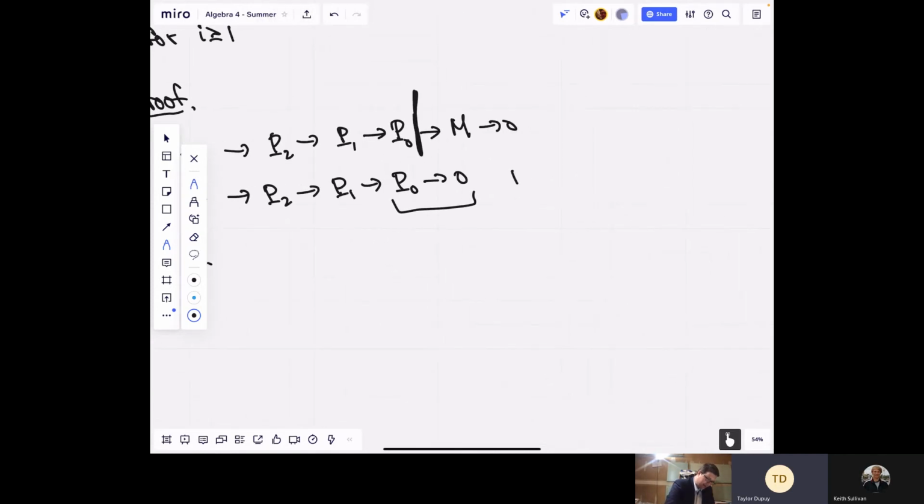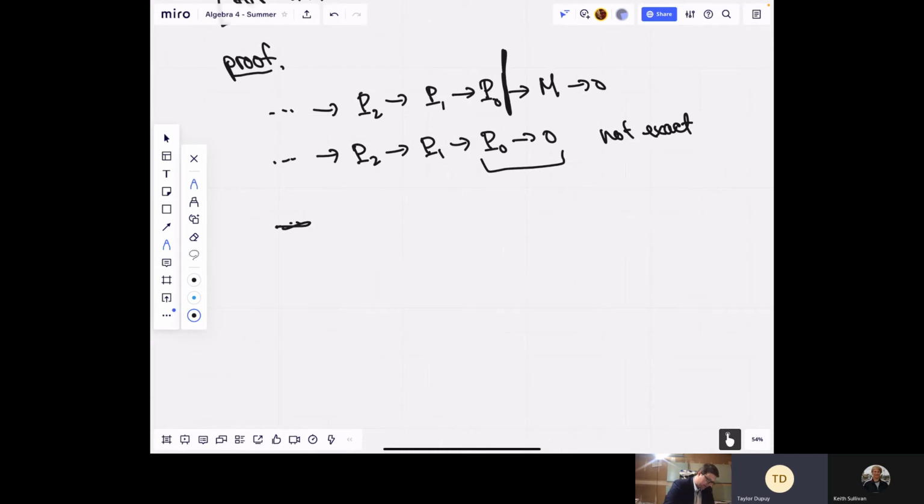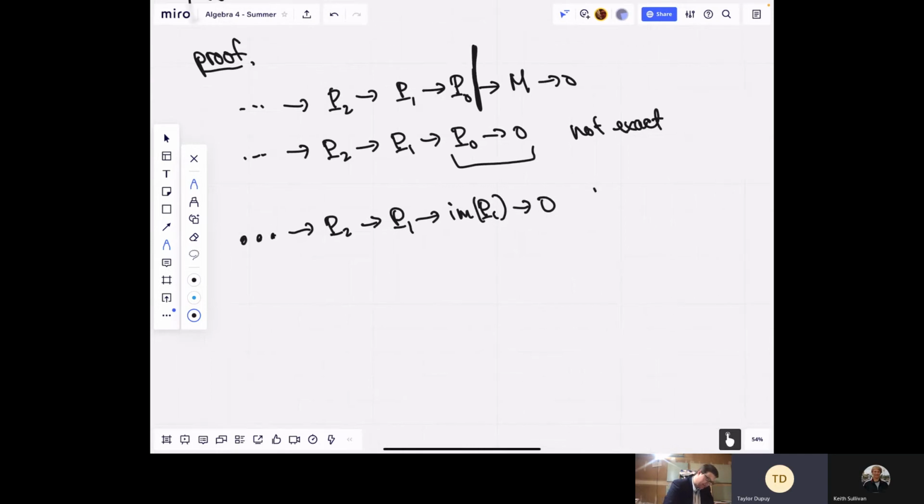So this is not exact, but what we can do is replace this term with the image of P1 here. And if we do that, then this is an exact sequence, because we know that the image of this is the kernel of the next one. So this one is exact.